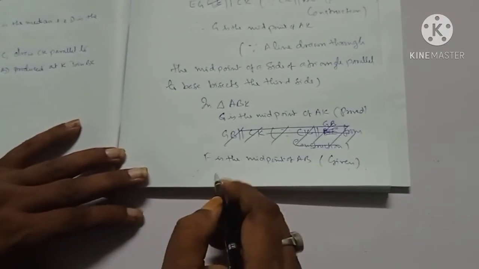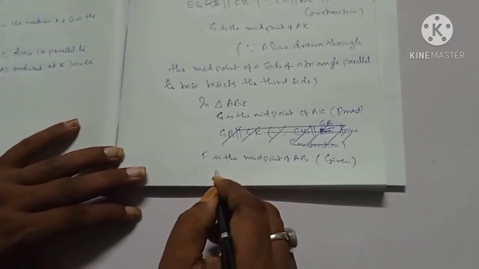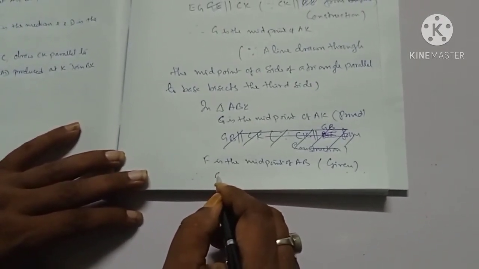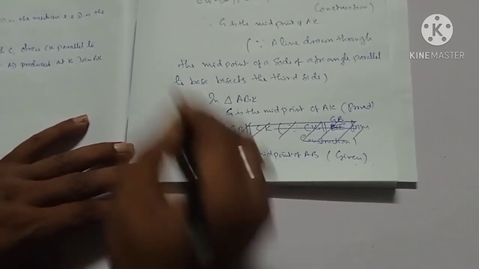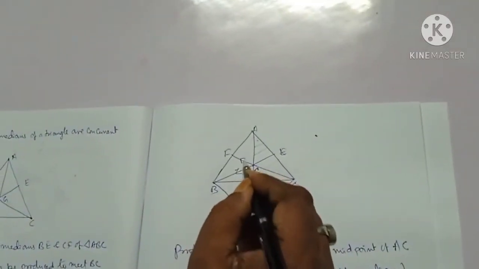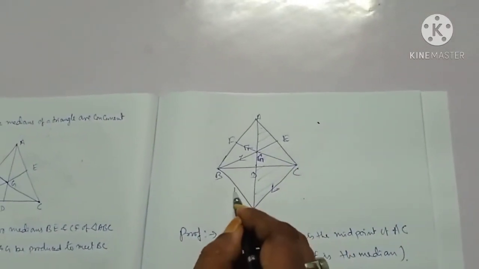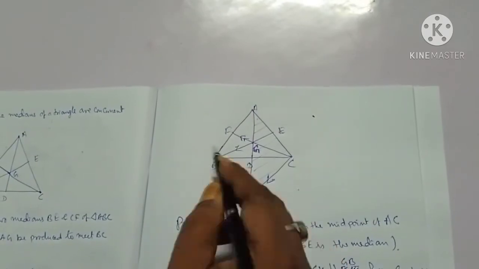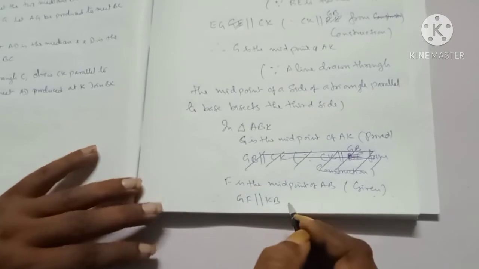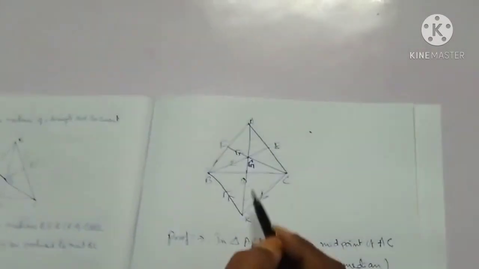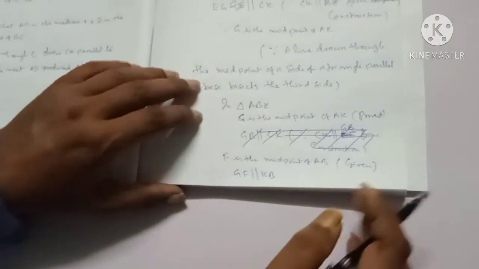Therefore GF is parallel to KB. So I can state here GF is parallel to AB.